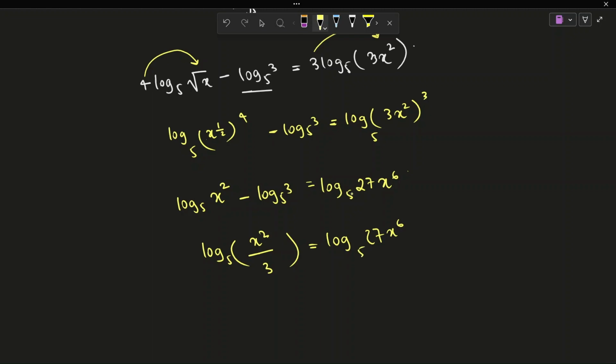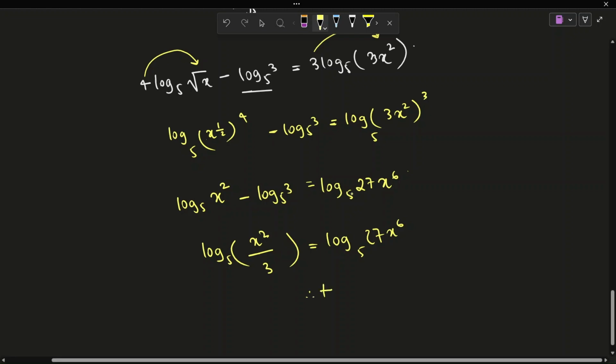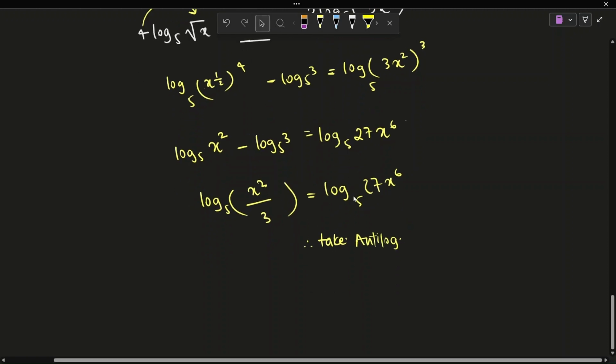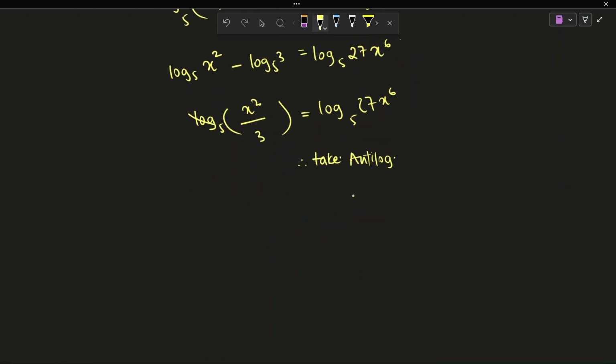Remember I said how if you just cut the logs and the bases, they'll laugh at us. So remember, you've got to write take antilog. Sorted. Now you can cut these out, or as a matter of fact, don't do that. Just say take antilog and write your equation as follows.